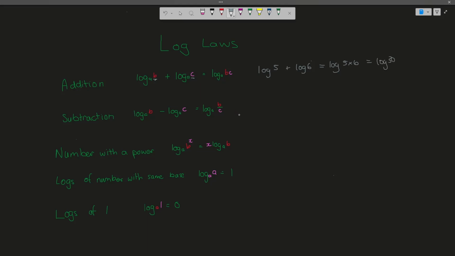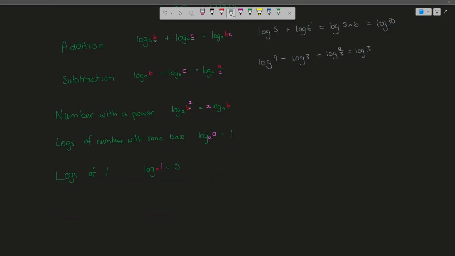When we're doing subtraction, we do the same, but instead of multiplying, this time we divide the two numbers. So log 9 take away log 3 is equal to log 9 on 3, which is equal to log 3.